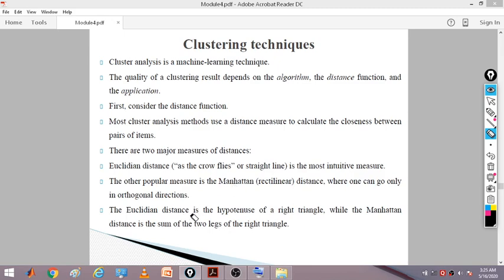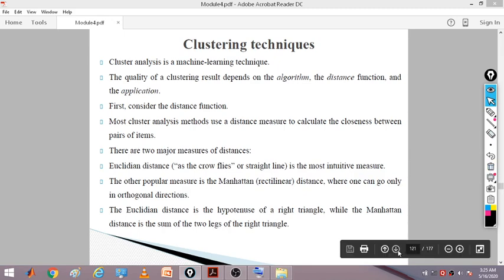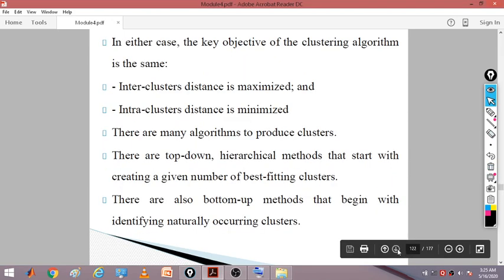Euclidean distance is actually the hypotenuse of a right triangle, while the Manhattan distance is the sum of the two legs of the triangle.